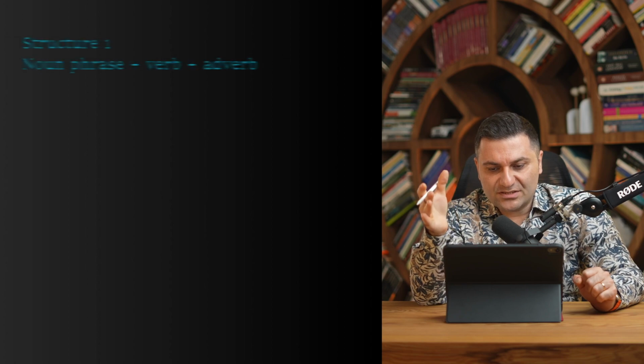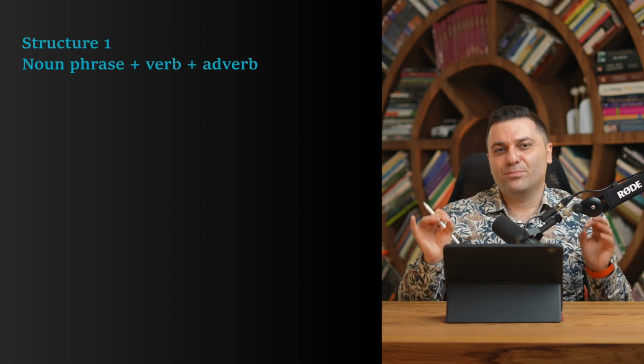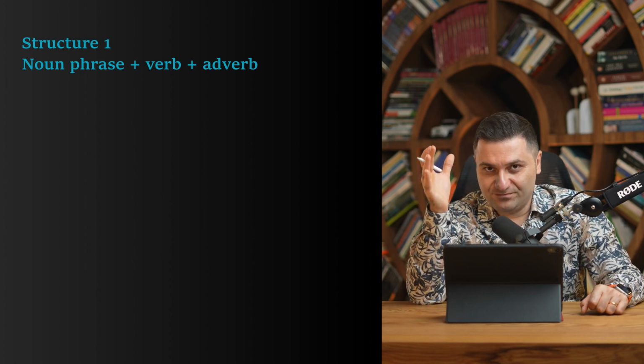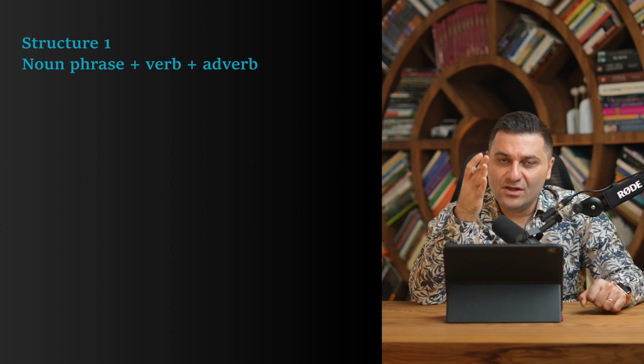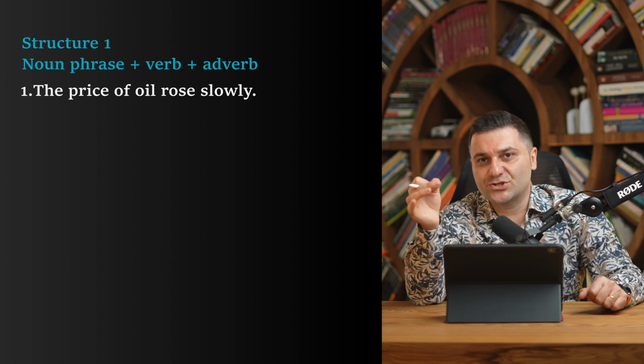Simple structure 1 is noun phrase plus verb plus adverb. This is a very simple structure. So we have a noun phrase, and after that we have a verb and then an adverb. For example, the price of oil rose slowly.